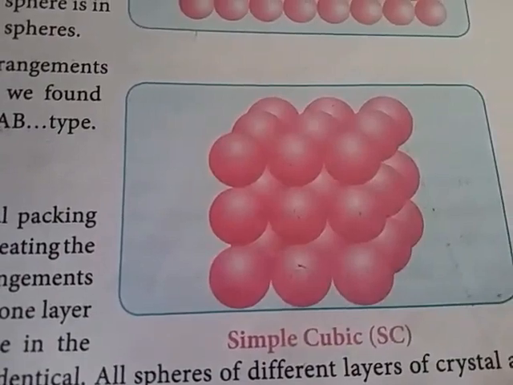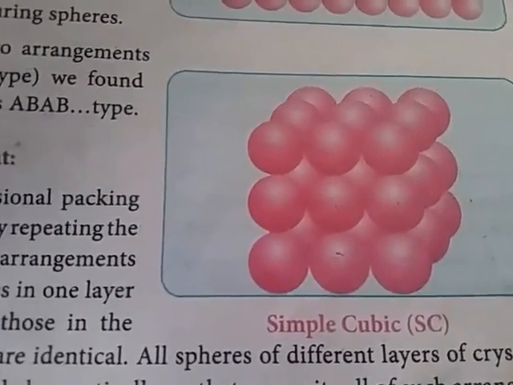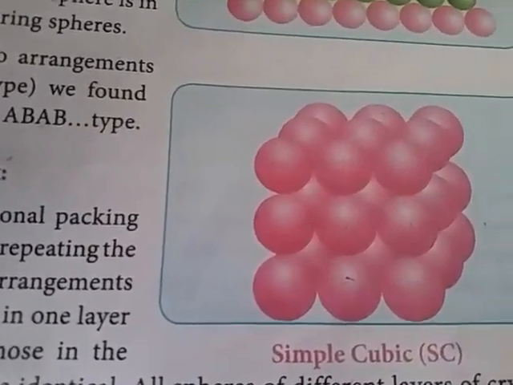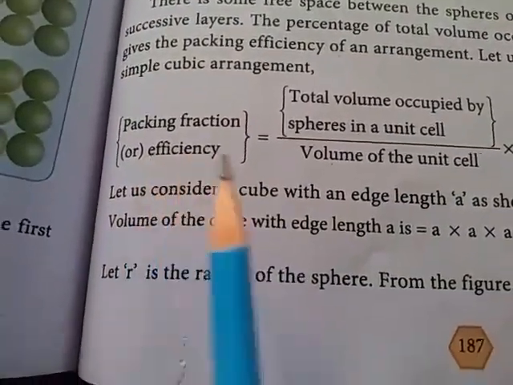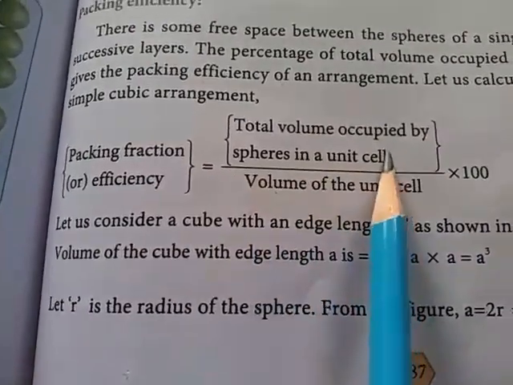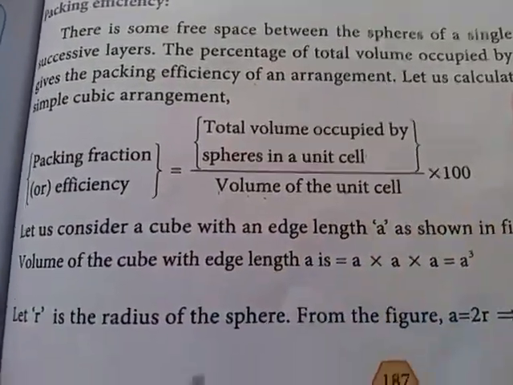So how much space is occupied by the spheres and how much vacancy is left, that is what we call packing efficiency. Now to find the packing efficiency or packing fraction, the formula used is total volume occupied by spheres in a unit cell divided by volume of the unit cell, into 100.